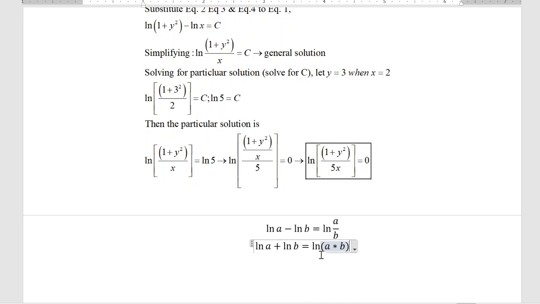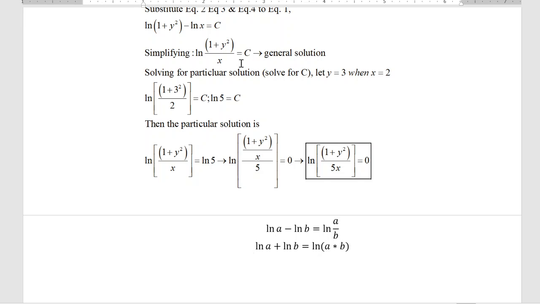So, ganyan lang yan. So, these two are properties of logarithms. Kaya itong ln 1 plus y squared minus ln x naging ln of the quantity 1 plus y squared over x is equal to c, which is ito yung magiging general solution natin.